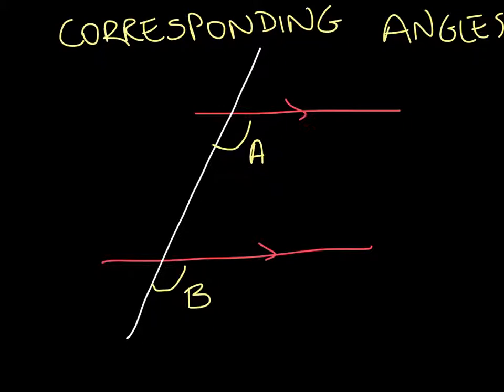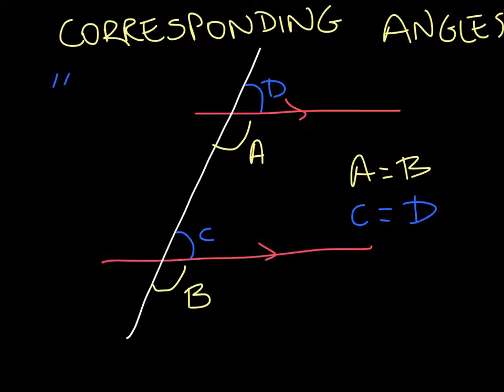And these angles are also the same. You can see from the picture they look the same. So A equals B. Also, we can pick these angles in here that will also be corresponding angles, C and D. And they also correspond to each other. And this is what's called our F rule, because it makes the shape of an F.